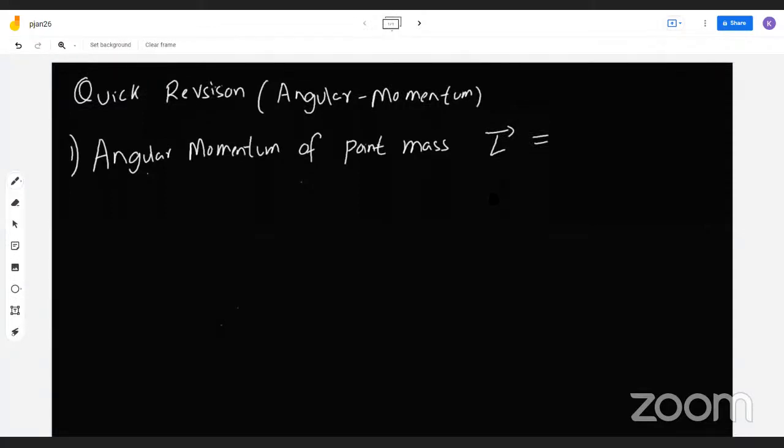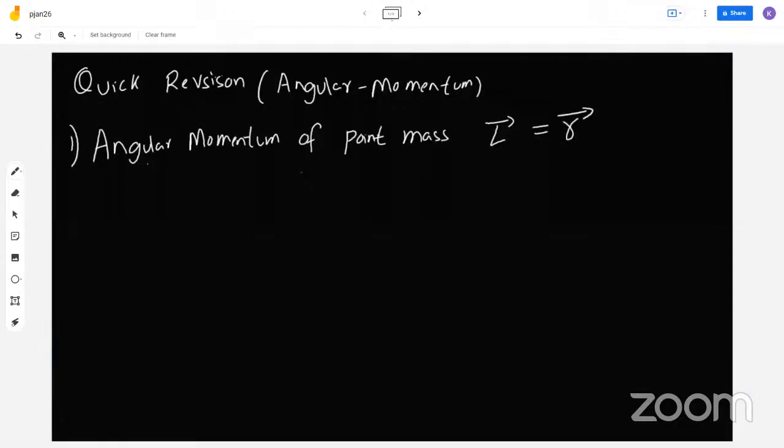For point mass, it is R cross P. And what was its interpretation? The interpretation of angular momentum.